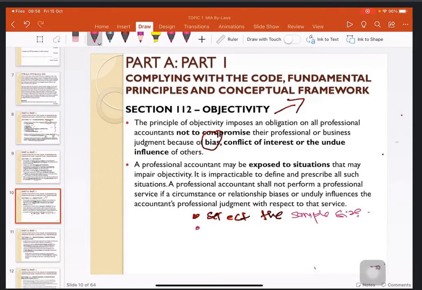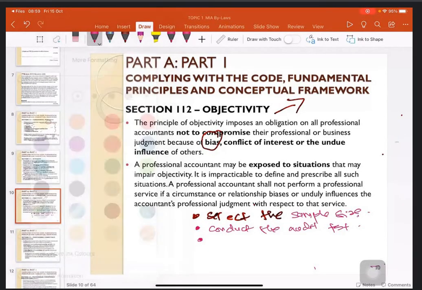Ataupun bila you conduct the audit test. Okay, sebab kita ada a few types of audit test and a few types of audit procedures. Okay, so you boleh pilih the type of audit test that you want to conduct or the type of audit procedures that you want to conduct. Okay, meaning that other party tak influence you to make the decision. Okay, so you also need to be independent ataupun very objective when you evaluate the result.